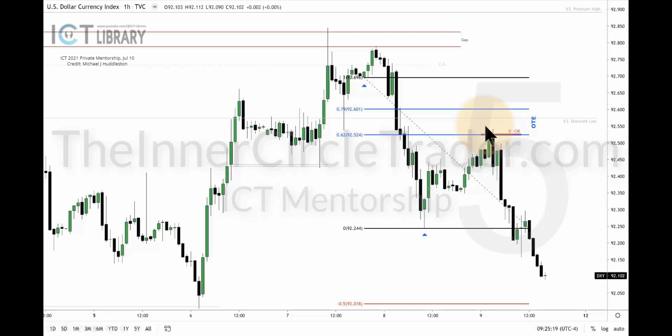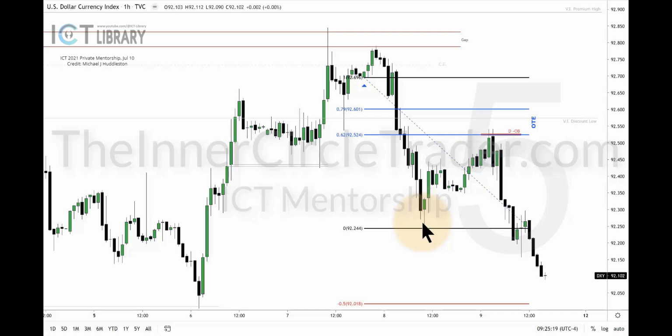Now, if you pull a fib from, say, this high to that low, you do not get an optimal trade entry. But I taught you recently using where the market changes its state of delivery. If you put your fib there and anchor it down to your swing low or up to your swing highs, you'll see the Fibonacci's line up perfectly for optimal trade entry, which is why it is dubbed optimal trade entry.